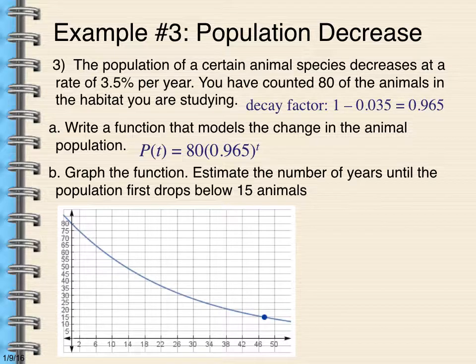And we're asked to estimate the number of years until the population first drops below 15 animals. So we want to look on our y-axis. For 15, we want to look across, and we'll see that it's about 47 years that it would take for the 80 animals to drop below 15.